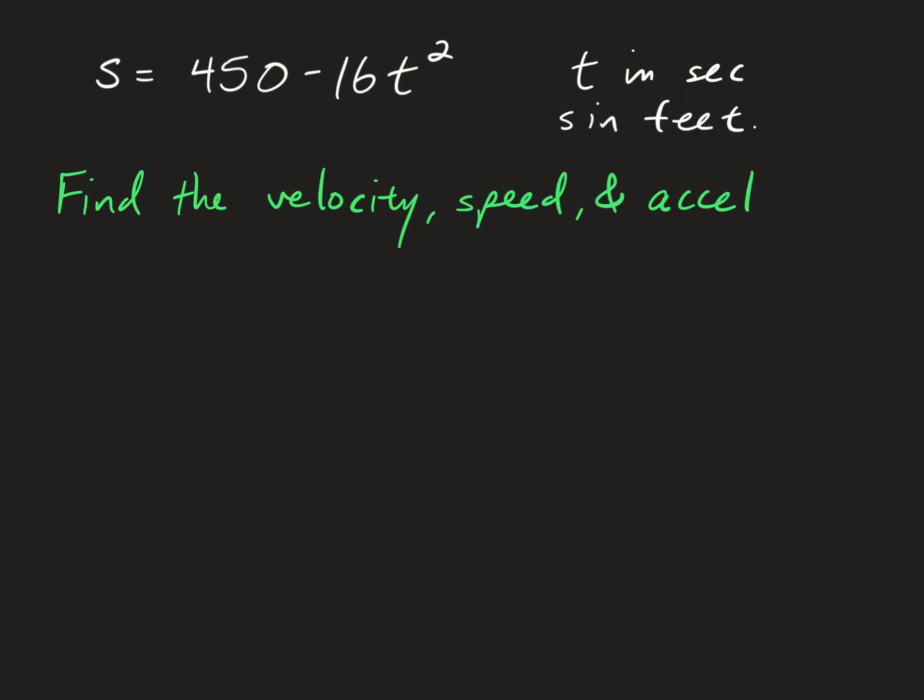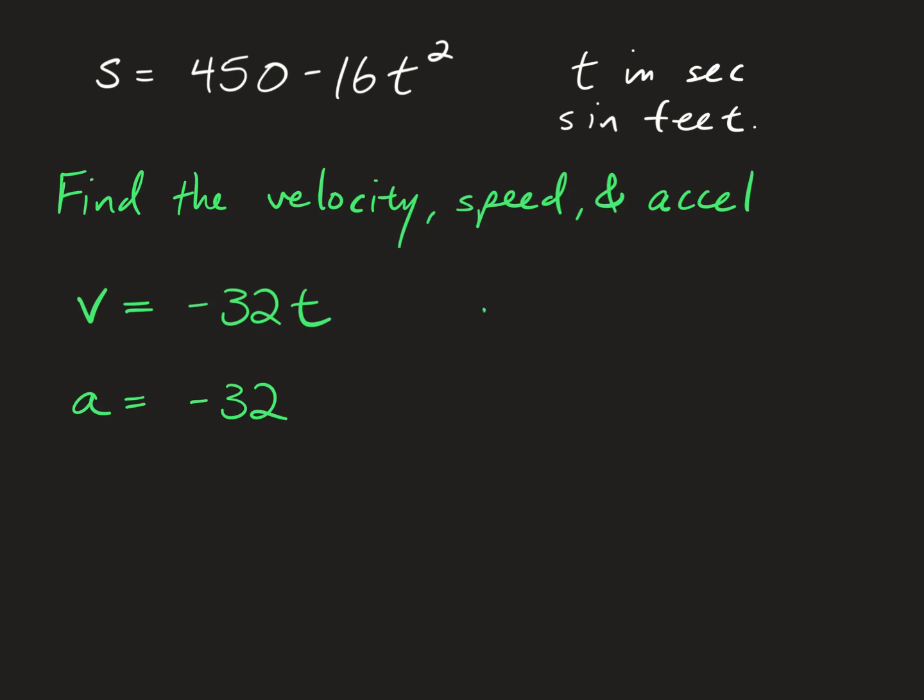So we can just go ahead and move over to the velocity function by taking the derivative. And it looks like the velocity function will just be negative 32t. Remember, the derivative of a constant is just 0, and we would use the power rule here. The acceleration function, which I think would be the next easiest one to answer, would just be the derivative of the velocity function, so just negative 32.